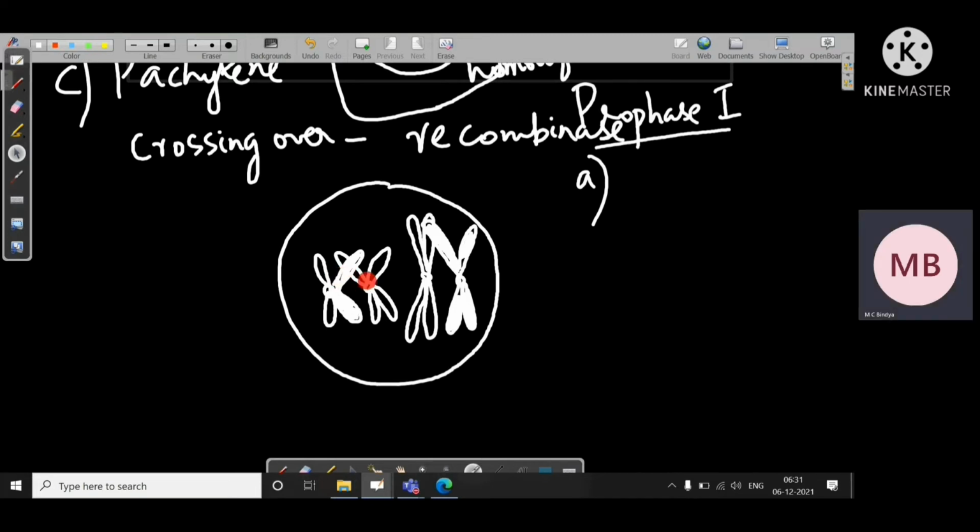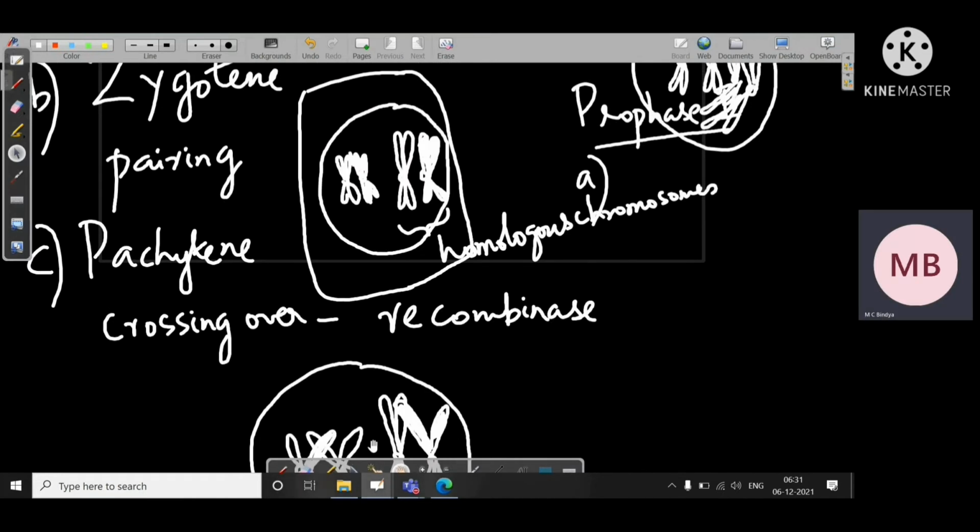So you can see here there is a crossing over between the segments of non-sister chromatids. Like if you take a look at the chromosomes, these both are sister chromatids. These are also sister chromatids. Both the chromatids attached to one centromere are sister chromatids.